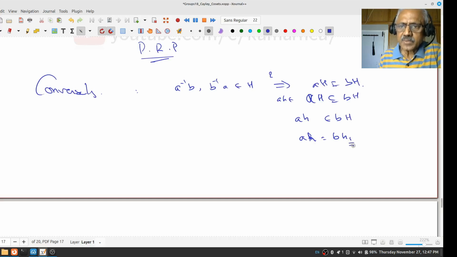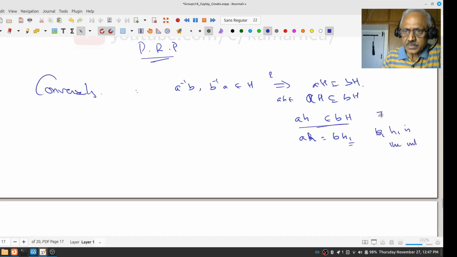I have to understand what h1 is. Multiply both sides by b inverse. h1 is unknown, but can I find h1? Yes, it is b inverse a h. If such an h1 exists, it must be this.